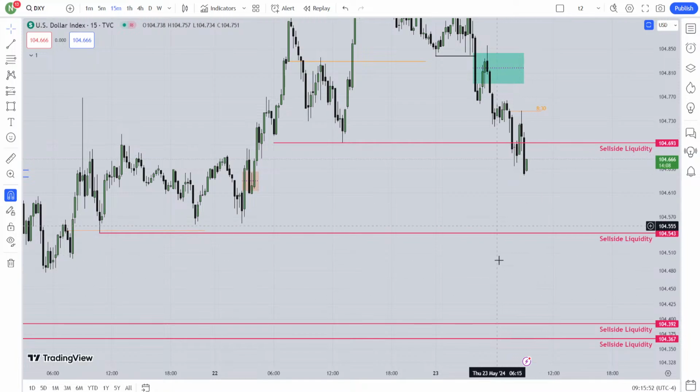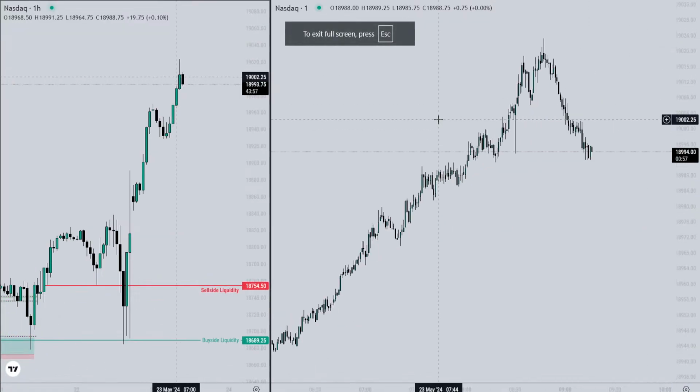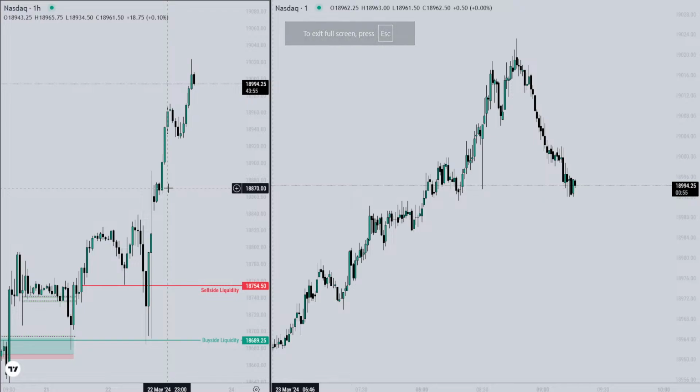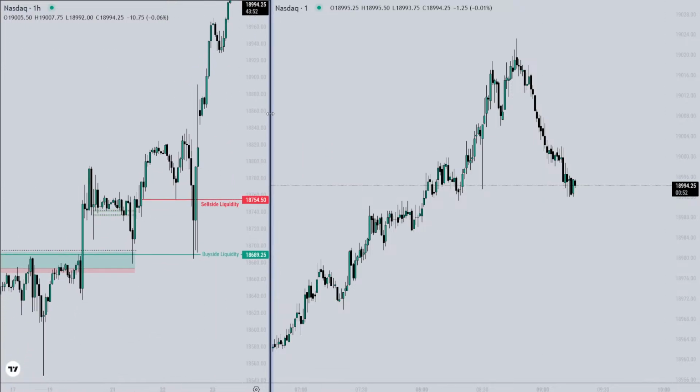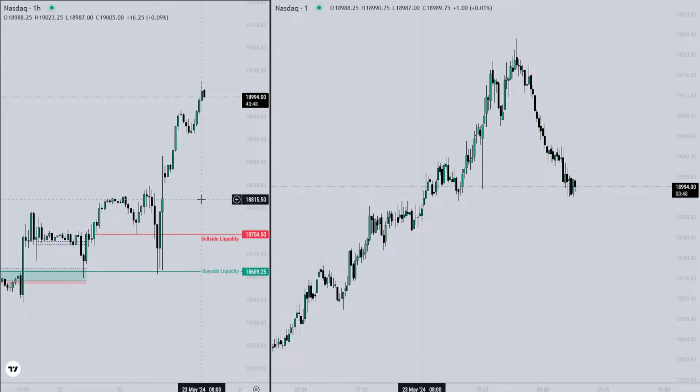Now when I'm bearish for dollar index, I will go for the buy setup for Nasdaq. Over here, this is the Nasdaq chart. On my left, this is the hourly chart.